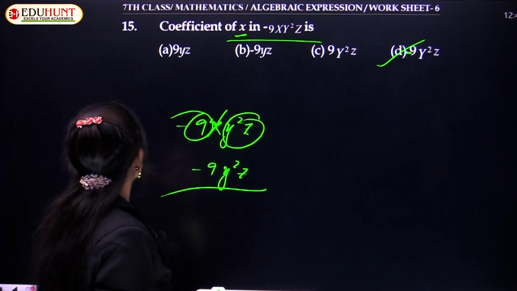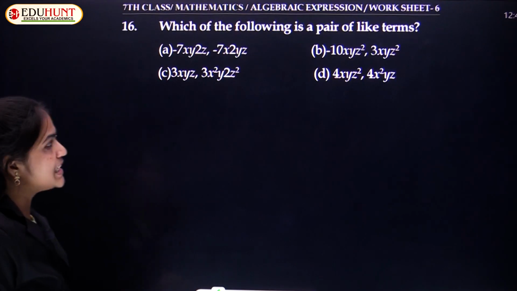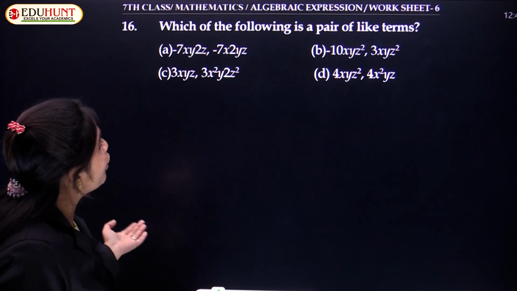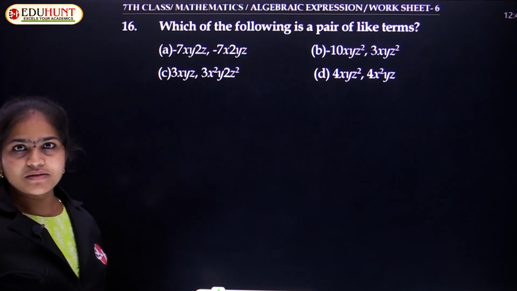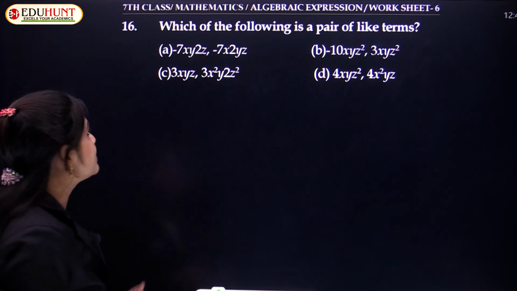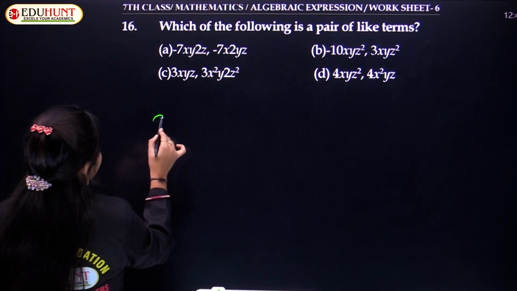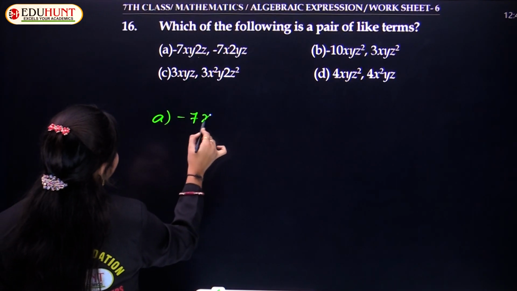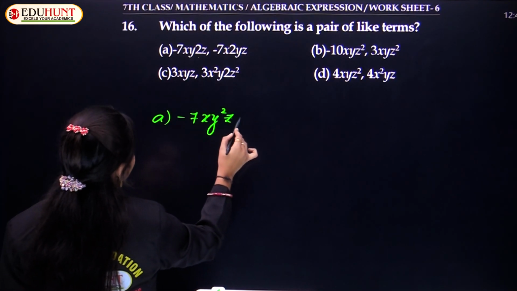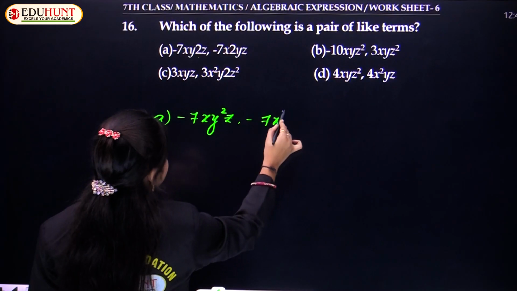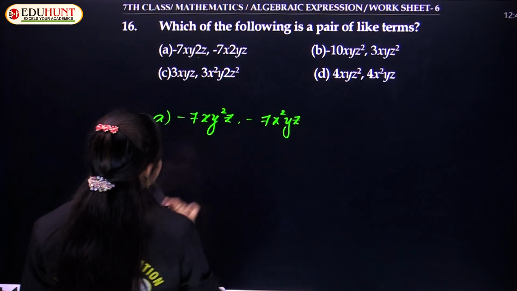Next, the 16th one. Which of the following is a pair of like terms? They are asking which of the following is a pair of like terms. Again they have given two beside one. Option A is minus 7xy square z, minus 7x square yz.